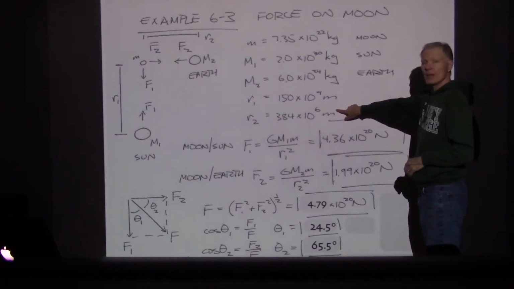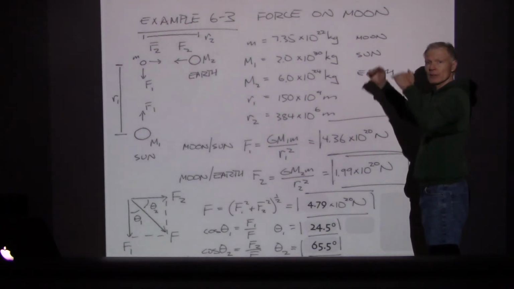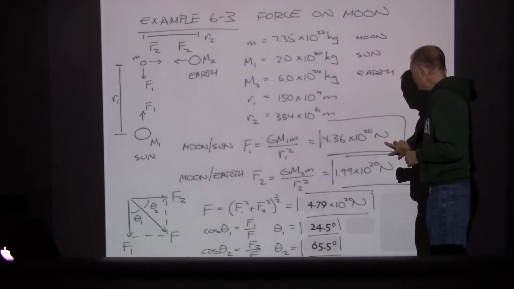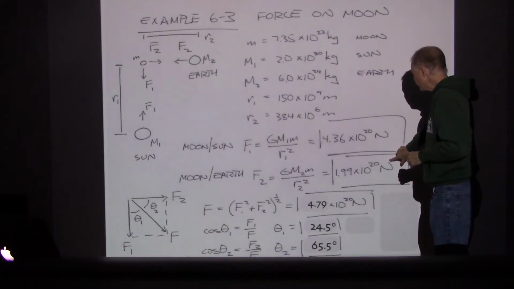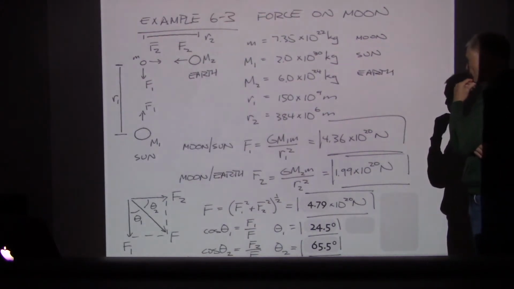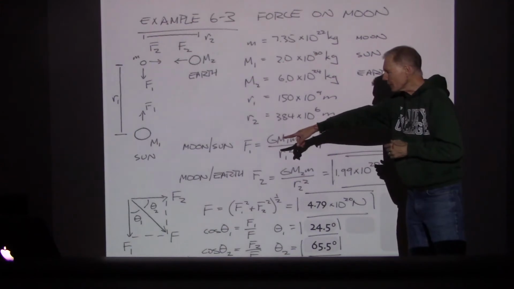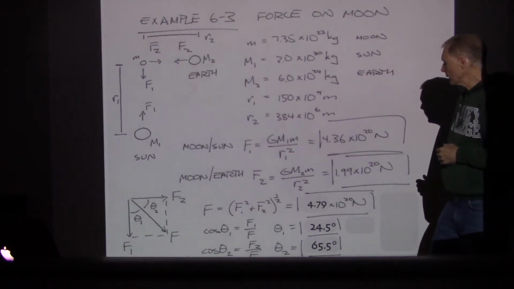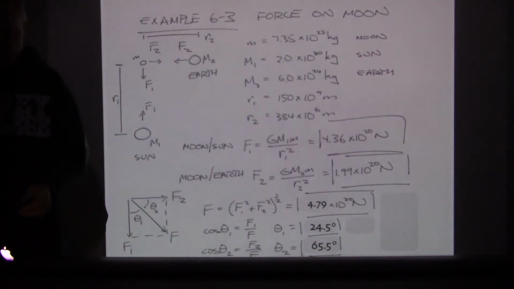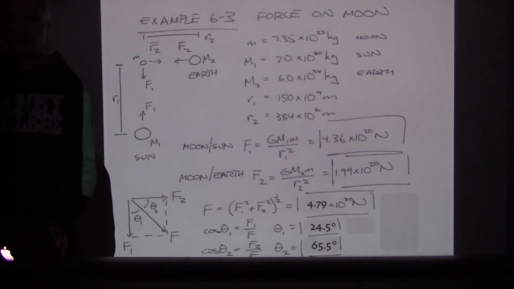It gets a little bit bigger and a little bit smaller, but not a huge amount. So this force is very reliable within a small amount, and actually this one too. Then it came down to looking at the angles and deciding how to combine those two forces. It's an example of vector addition for those two forces.